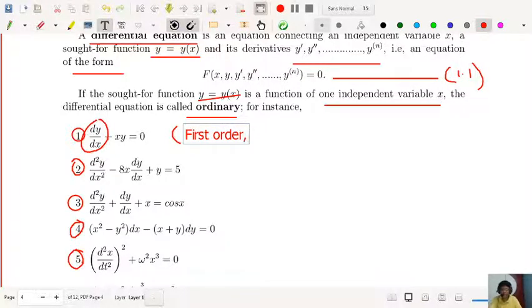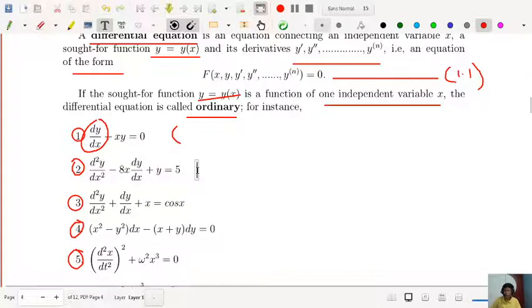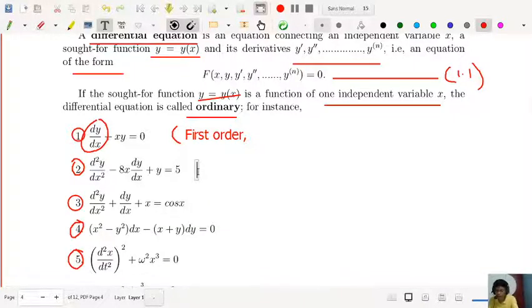What about this one? What is the highest order derivative involved in this equation? Yes, 2, second order. So this is a second order differential equation.